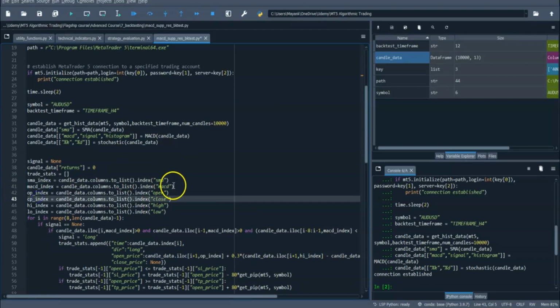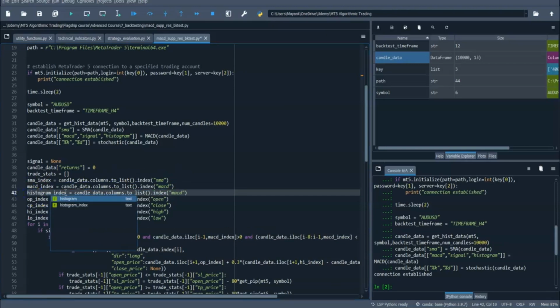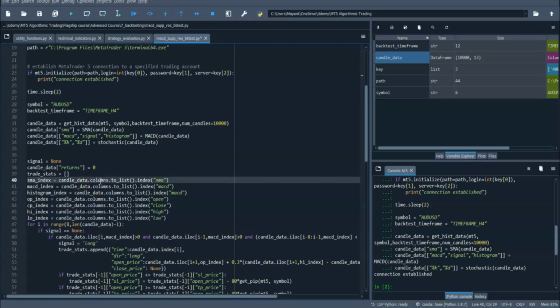So we are going to need MACD, but we are also going to need the histogram index. That is because we have to check for crossover. So for crossover, the MACD has to cut the signal line from below or above. And if you recall, histogram is the difference between the MACD and the signal. So rather than using both MACD and signal, if we only use histogram, we should be fine because histogram will take into account both MACD and signal.